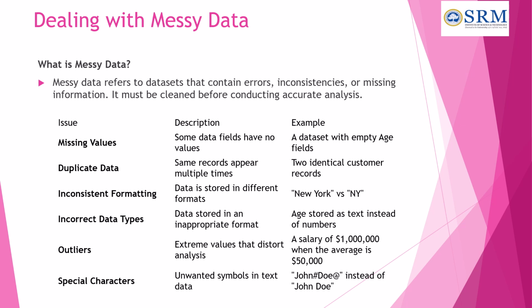We may also have to deal with outliers, which are unusually high or low values that can skew our results, like a salary listed as $1 million when most others are $50,000. Finally, special characters in text such as hashtags or symbols can make names or words unreadable. Cleaning all of this up is a critical step before doing any serious data analysis.